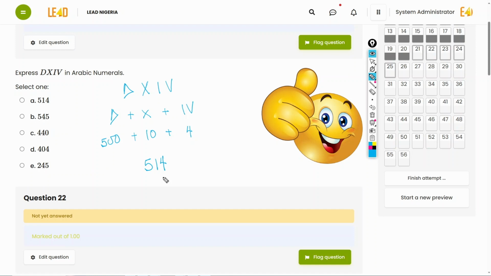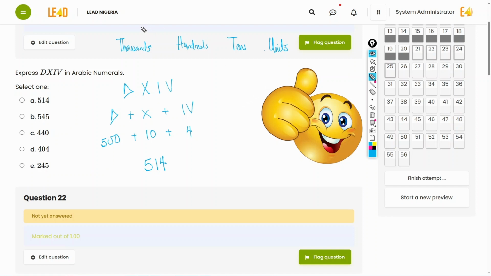You would have some units, tens, hundreds, thousands. So in splitting them, you need to make sure that you're making them up into how you would have had them in expanded form.